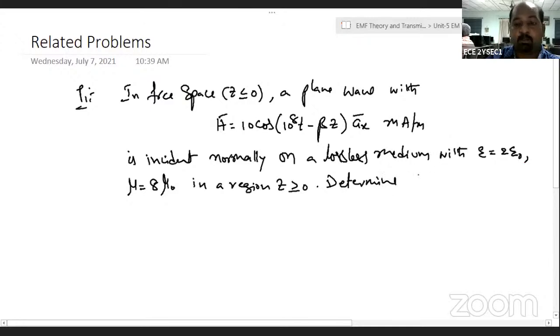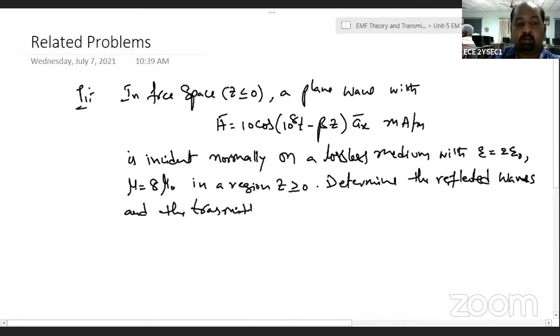Determine the reflected waves and the transmitted waves. So this is the problem. Very simple.